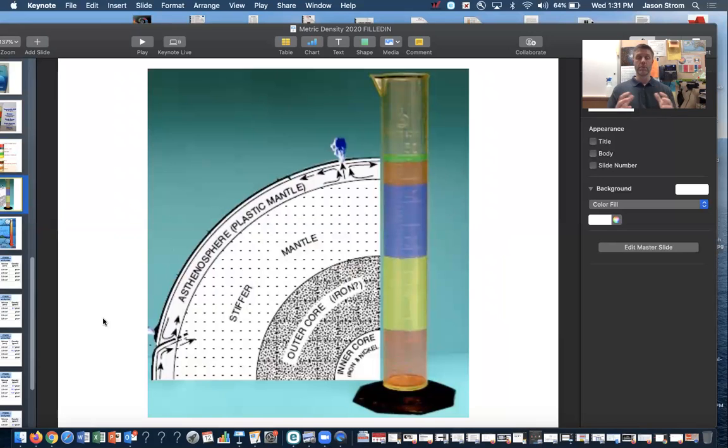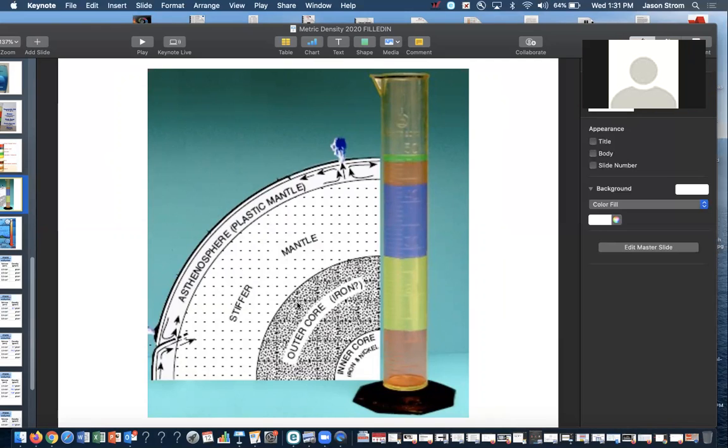So when the earth was completely molten, everything was liquid, all the metal, all the rock, everything. The most dense materials, being the metals, sank to the bottom or the center. So that gives us the inner core and the outer core. Then the other materials that weren't as dense, like the rocks, essentially floated on the surface.